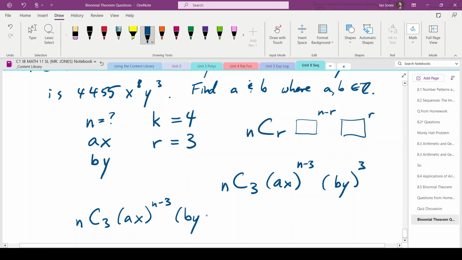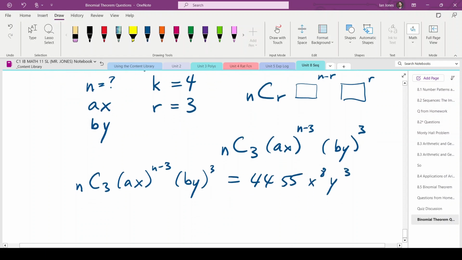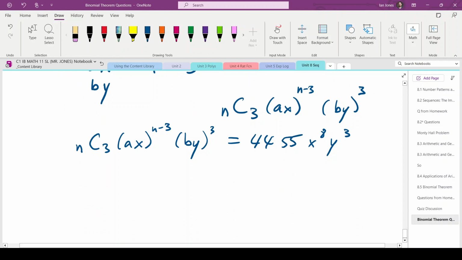I'm writing it again over here so that I can say equals 4,455 x to the 8, y to the 3. Now, right away, I can see that my n can be determined.